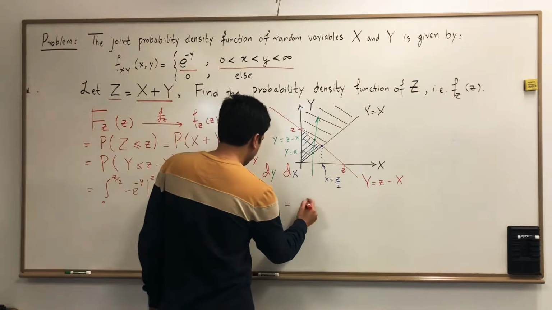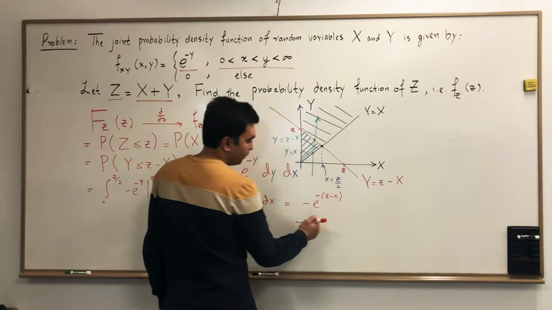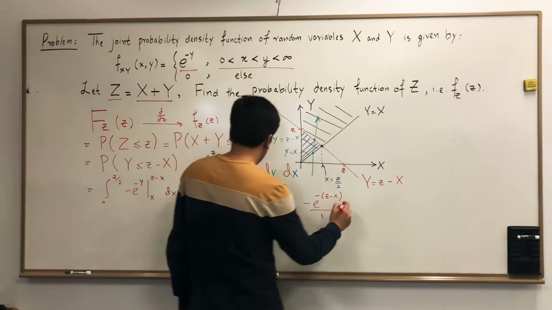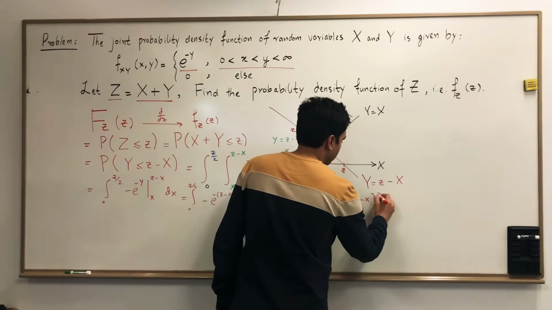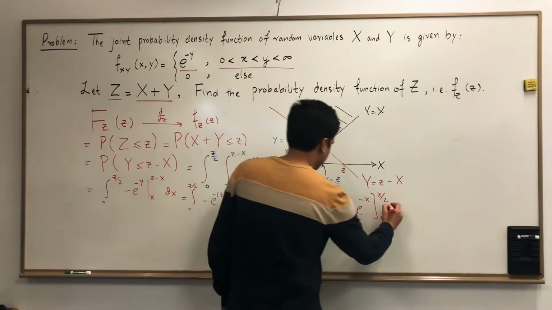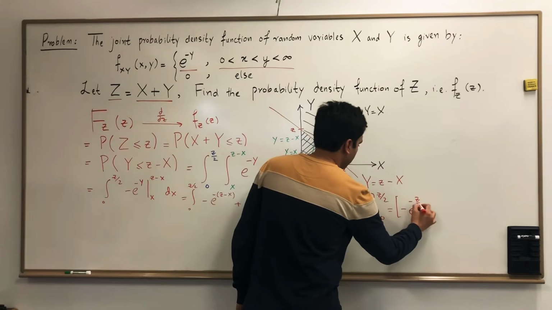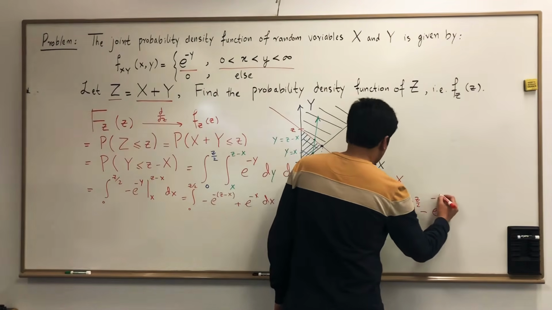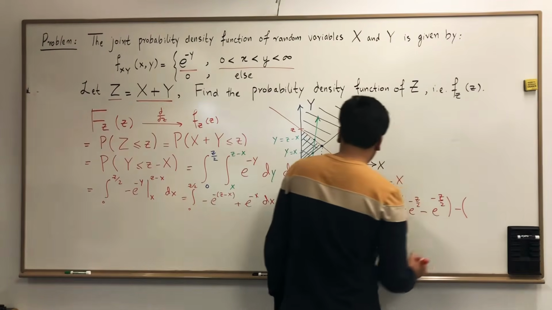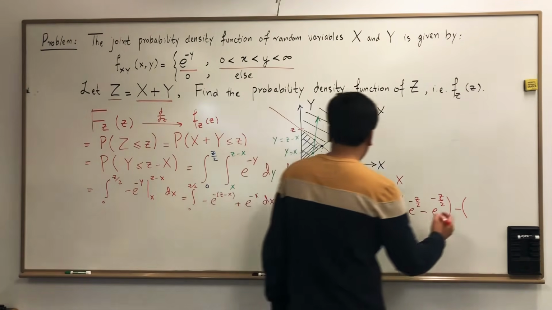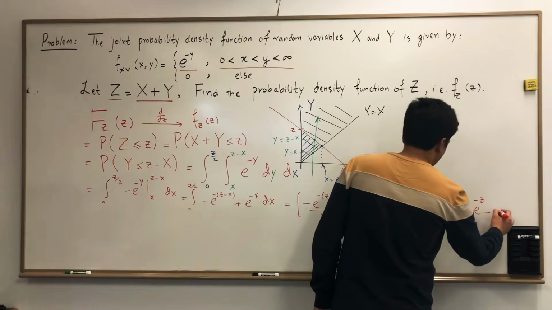which will be negative e to the negative (z minus x) over the derivative of this, which is just 1, minus e to the negative x, and then we need to put the limits 0 to z over 2, which turns out to be negative e to the negative z over 2 minus e to the negative z over 2 minus, when you put 0 here, we get negative e to the negative z and negative 1.